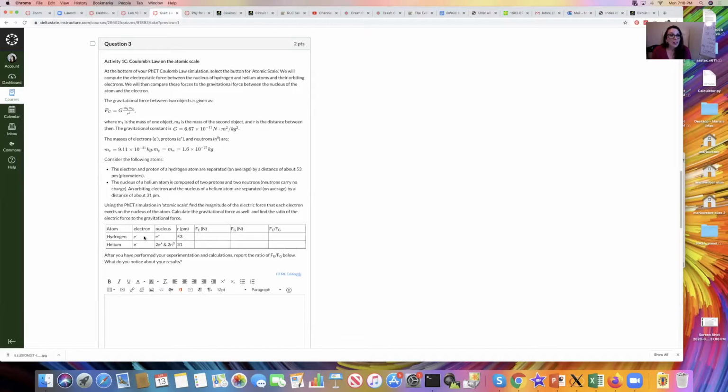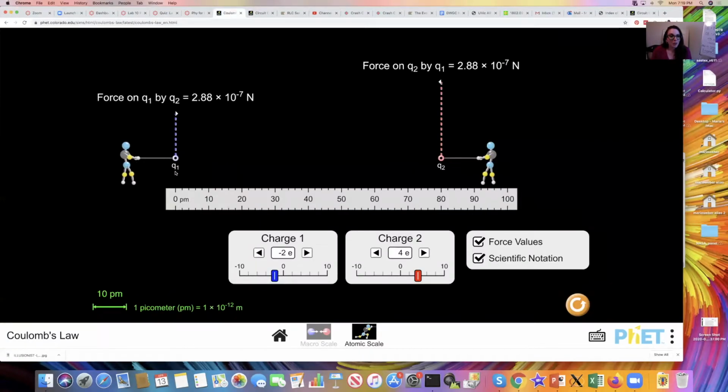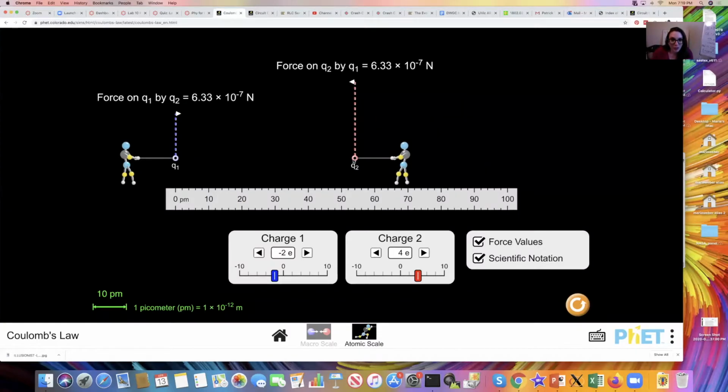So for hydrogen, we're separated 53 picometers. So let me go back here. 53 picometers, so I'll put this one on 0, this other one at around 53, which is about right here. That would be 52, 54, 56, 58, so 53 picometers is right here.